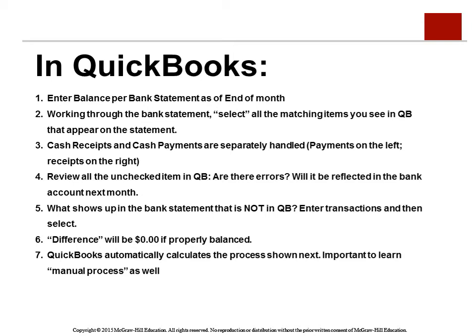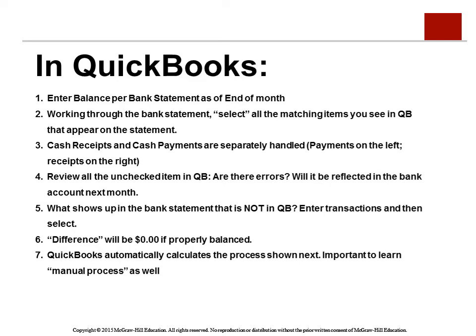However, if you look at it from the bank's perspective, our cash account is a liability for the bank. So it goes down on the debit side and it goes up on the credit side. That's why cash payments go down on the debit side, and cash receipts go up on the credit side, because we are their customer. They owe us money that we have deposited into our account with them.